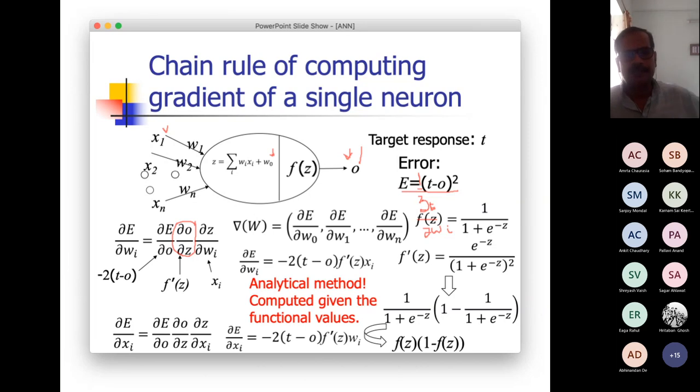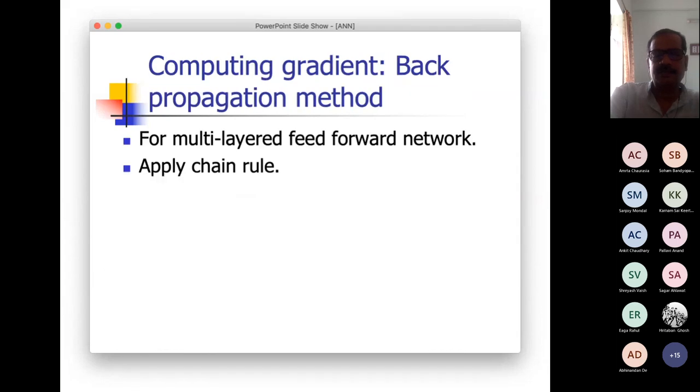Simply from the point value itself, whatever the value of the target t, whatever the functional value o, the derivative of f, and also the weight value, using those values itself you are computing this derivative. That is the advantage you have when you apply the chain rule, and this is what is used in backpropagation.